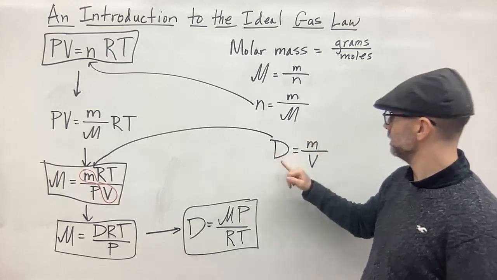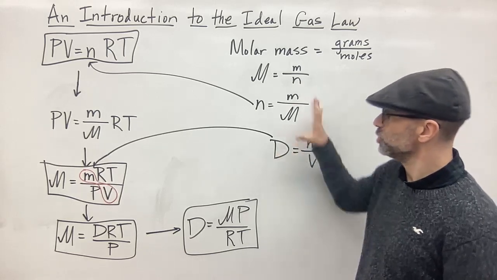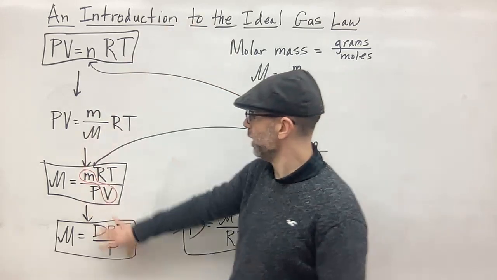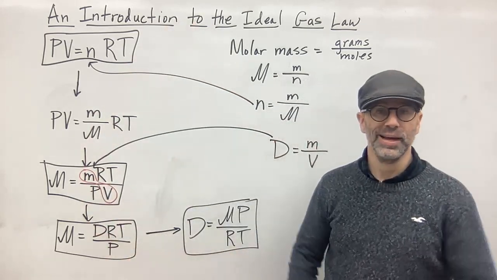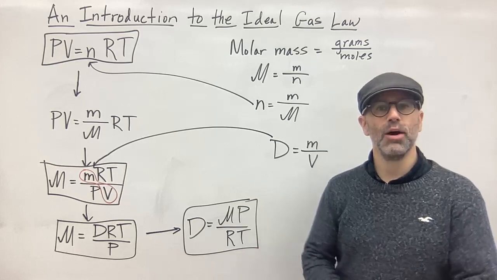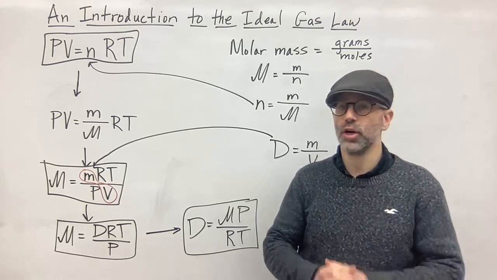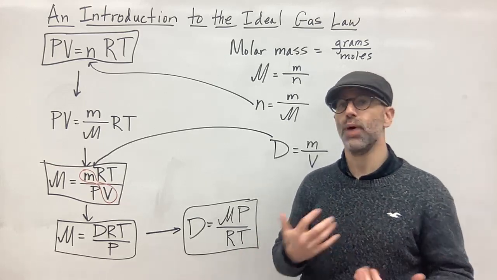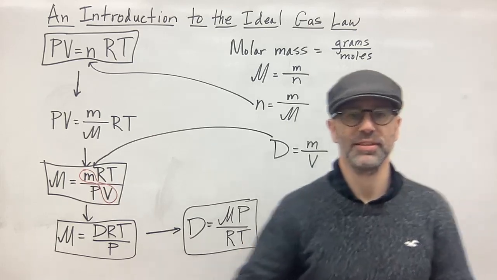And then remember, density is equal to mass over volume. So remember these, you can plug those into the equation and manipulate the equation. And that's it. So now I'm going to go over a couple of examples to show you how this is used.